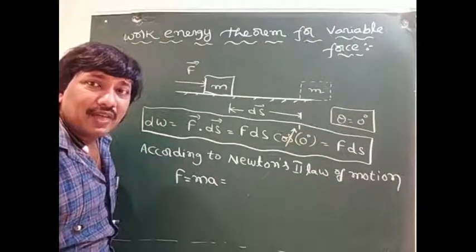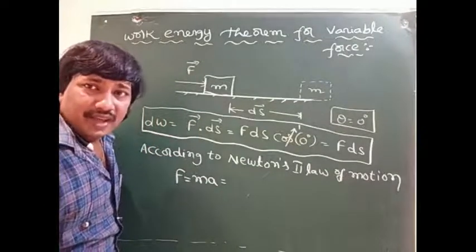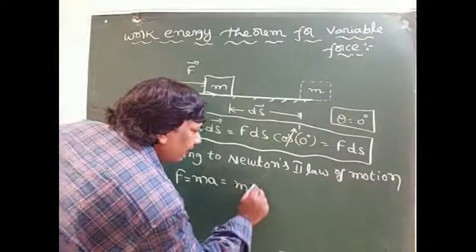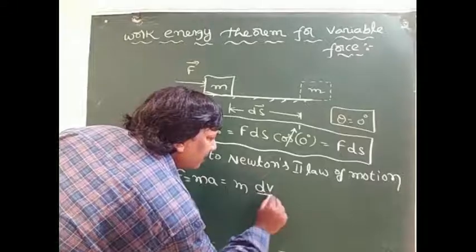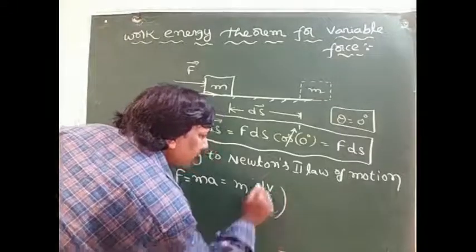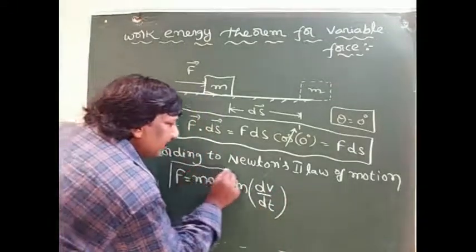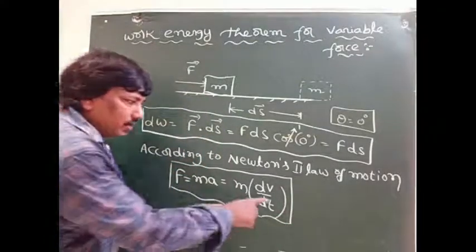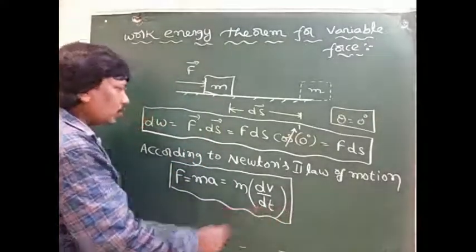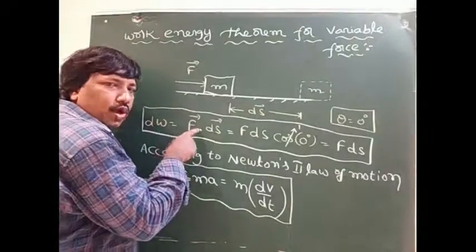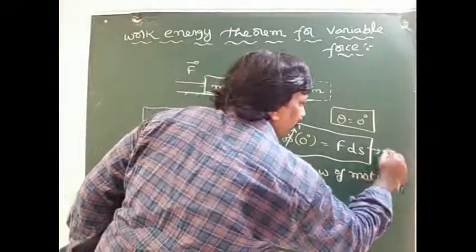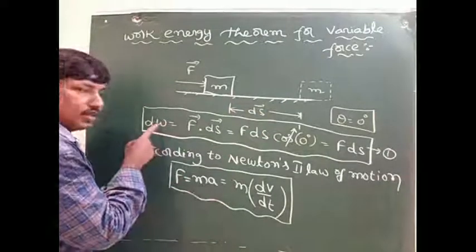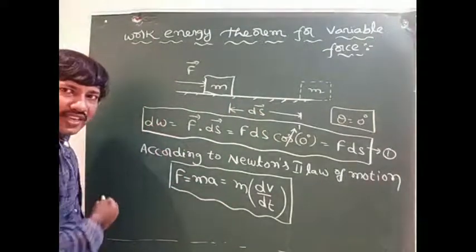Acceleration means the rate of change of velocity. So therefore F equals m into dv by dt. Here acceleration is dv by dt. Now this value is substituted in equation number 1.